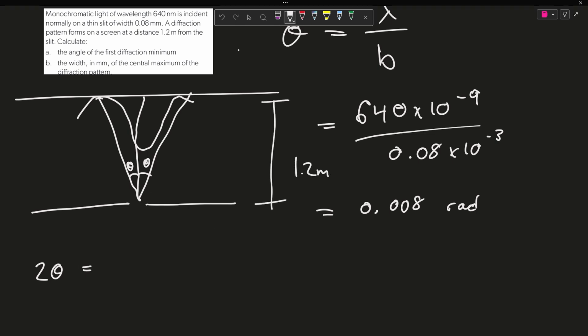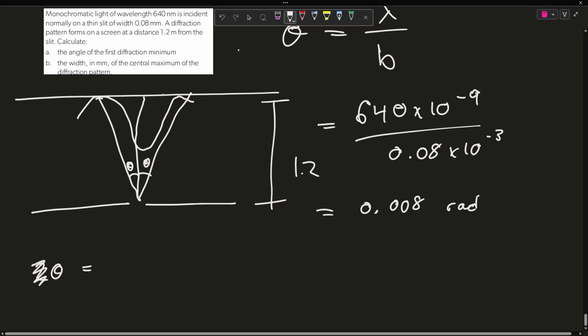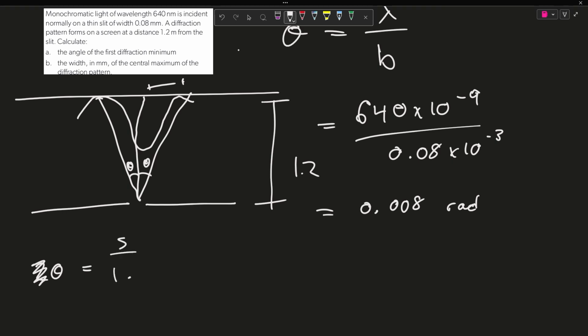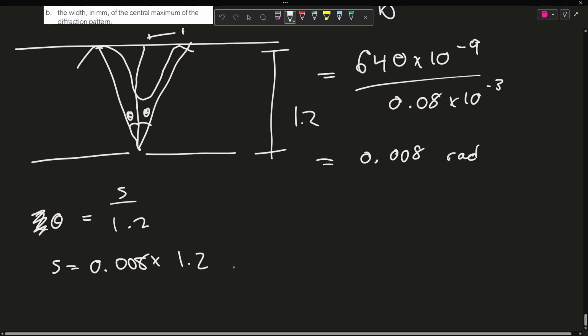So if we just solve initially for theta, then theta is equal to this distance here divided by 1.2. So we can find the distance by doing 0.008 times 1.2. And that's the distance for 1.